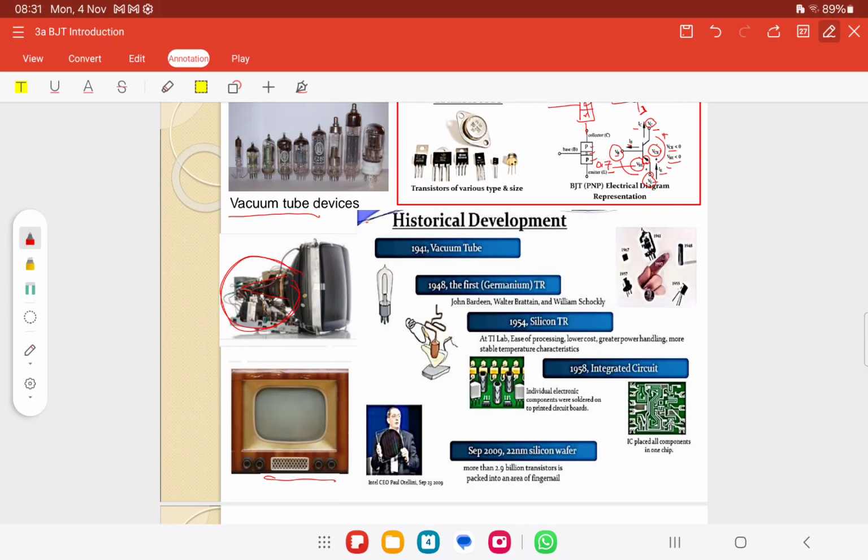So this is the development of the vacuum tube.